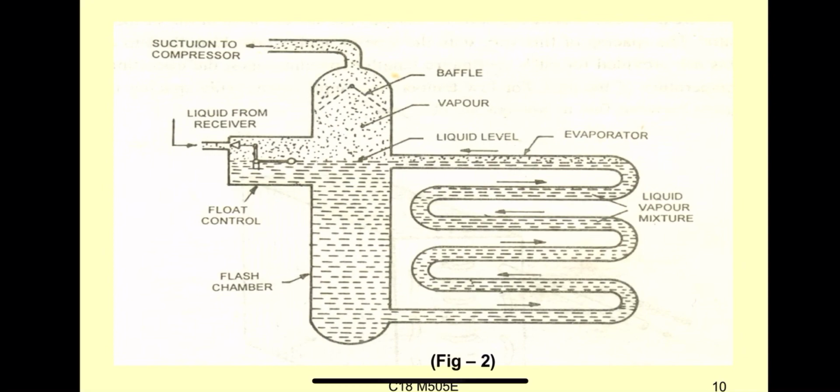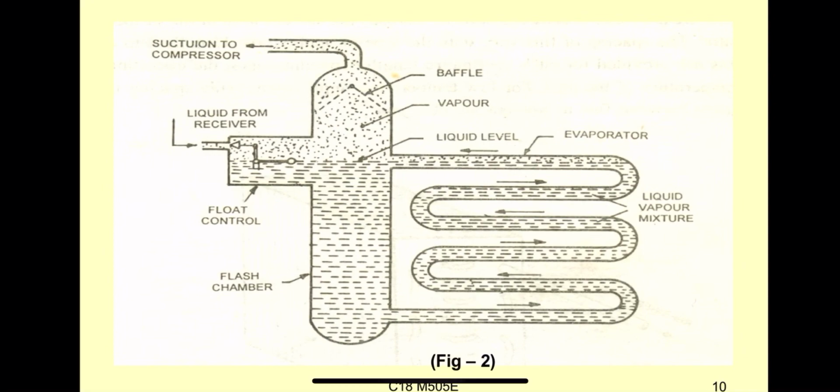There is a float controller and one baffle, and a liquid level indicator of vapor and liquid. The float controller separates the vapor and liquid. Next is the evaporator liquid vapor mixture. One coil is there. Okay, this is the construction diagram of the flooded type evaporator.